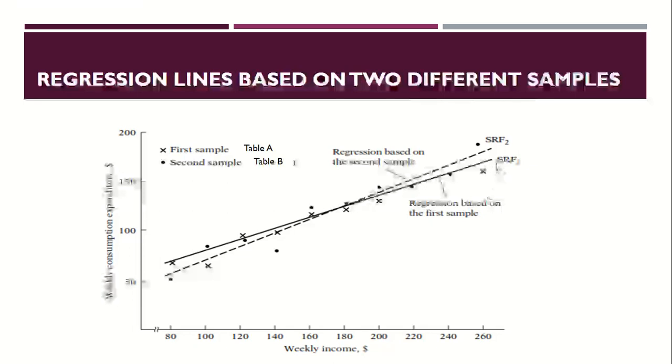So let's say here that SRF1 is the sample regression line taken from table A, or the first sample, and SRF2, that is sample regression function 2, is showing us a sample regression line drawn with the help of data taken in table B.